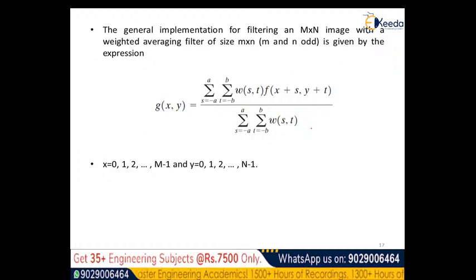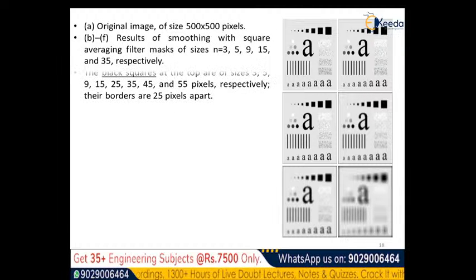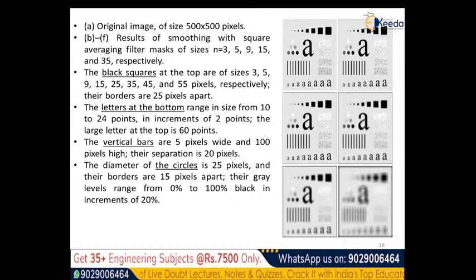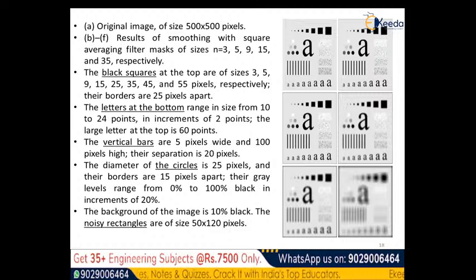Now we have one example that better gives you an understanding of the visual effects as we operate with this type of filtering. We have the sections from A to F here. You can see the original image of 500 by 500 pixels, taken from the textbook.